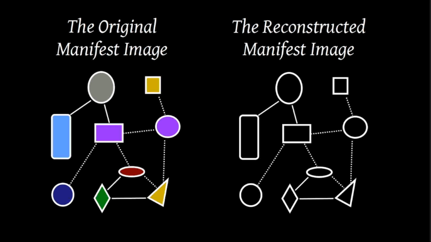Similarly, with colour, in the original manifest image, colour is an intrinsic property of the surfaces of objects, right? Like human beings, we open our eyes and we just passively receive the colours that are out there in the world. In the reconstructed manifest image, maybe we say, well, colour is a power within the object to produce particular sensations in us.